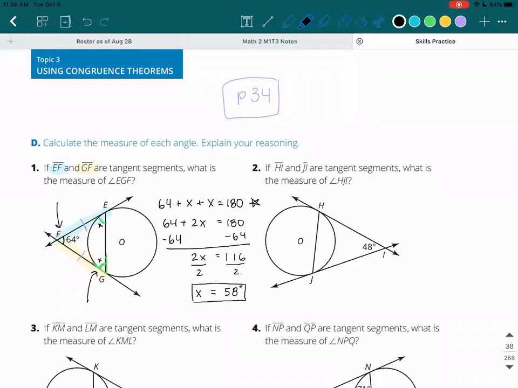So 64 is this angle, and then our two green angles are x. So 64 plus 2x equals 180. And then from that equation, you get to solve for x. Okay, I get it. We're going to do the same process onto the next one so that it can help you out also. But before we do that, any more questions on this one?